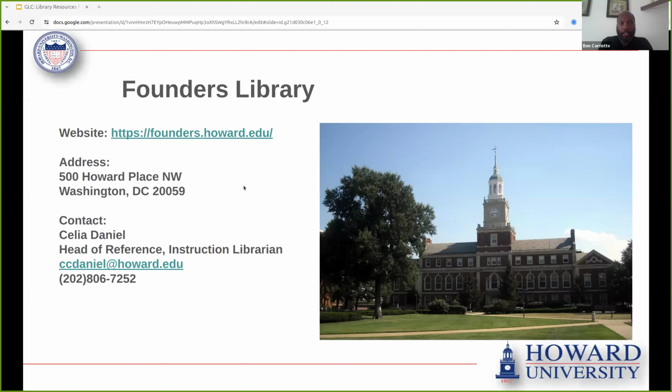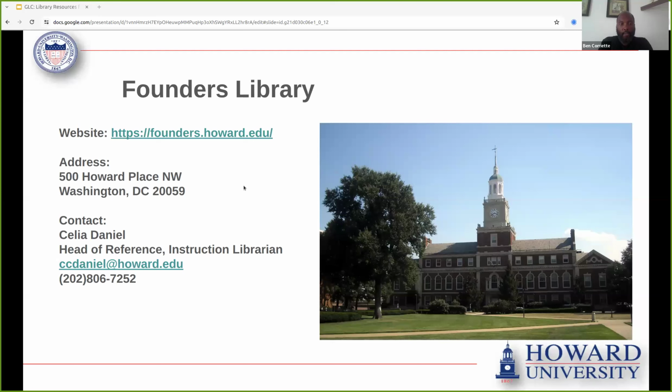Within Howard University, we have the Moreland Spingarn Research Center, or the MSRC. We also have the University Archives and Museum located within Founders Library. A helpful contact person would be Miss Celia Daniel, who is the head of reference and the instruction librarian at Founders Library.